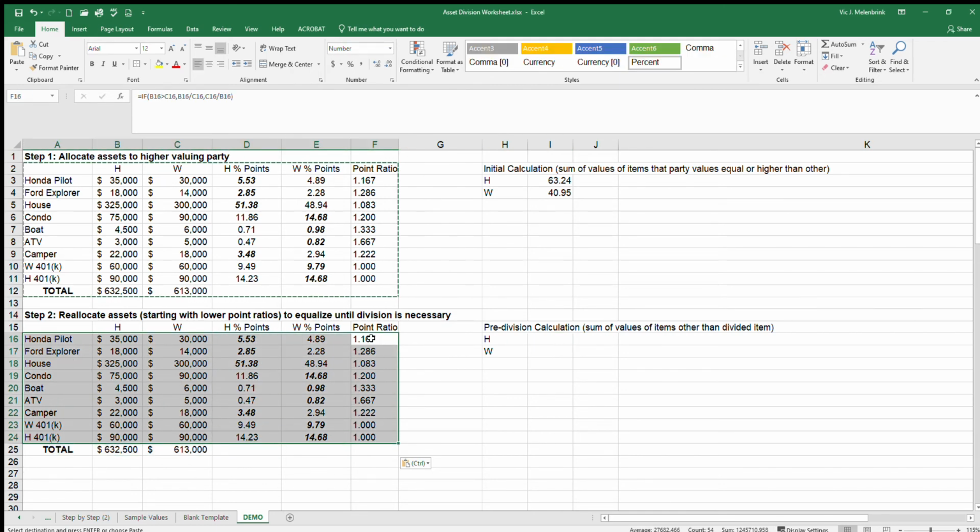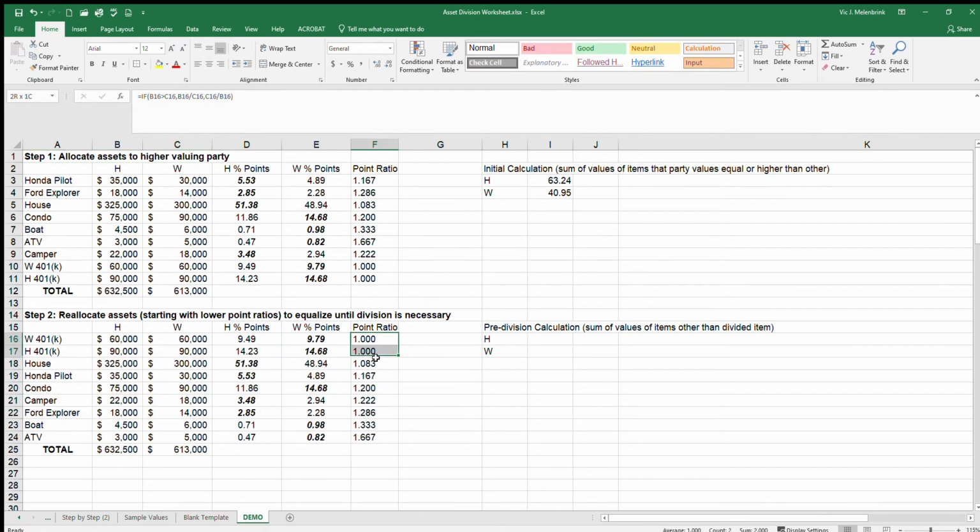So I'm going to select all of this, starting up here with the point ratio, right click, and go here to sort from smallest to largest. That'll put everything in the order of point ratios, because when I reallocate the assets, I need to start with the lower point ratios to equalize until the division is necessary.